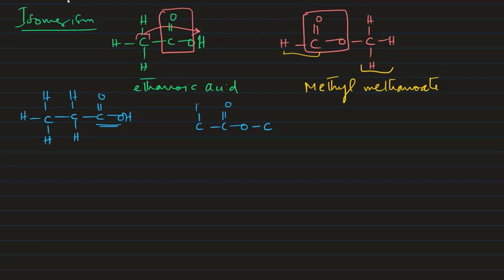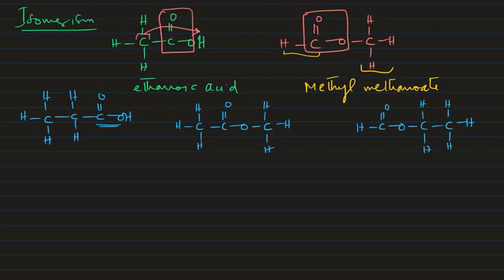Now complete the valencies. It will be the next isomer. Then the third isomer, what would it be? Again, keeping this structure intact, we will transfer both of these carbons onto the right side. The left side will be left with hydrogen, while we will complete the valencies over here with the hydrogens like this.